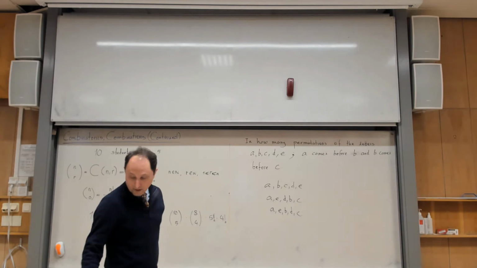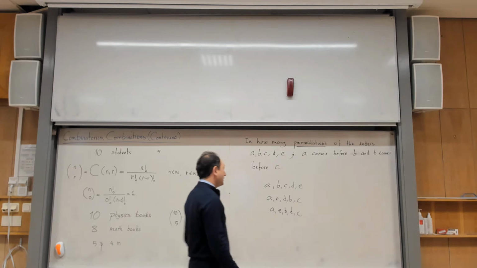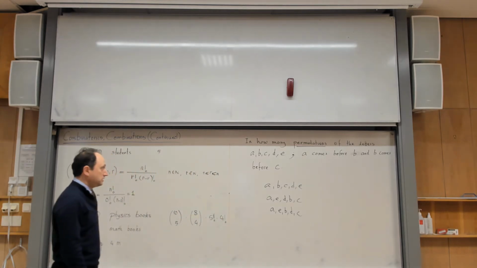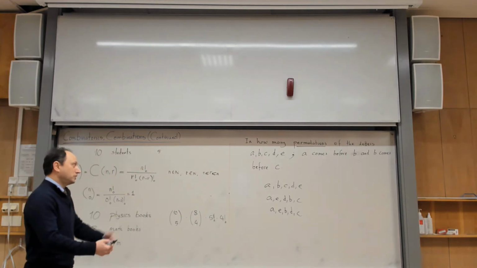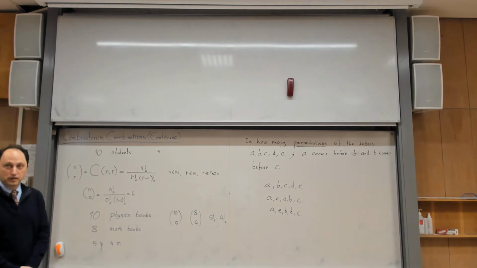Again, you see, I am asking about permutations. I'm not forcing you to think about it in terms of combinations. In combinatorics, you're actually free to do whatever you want, but the final answer should be right.